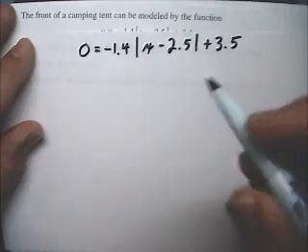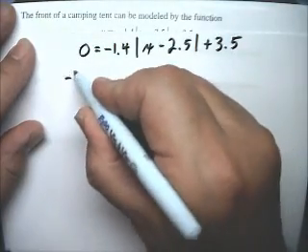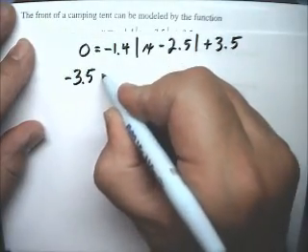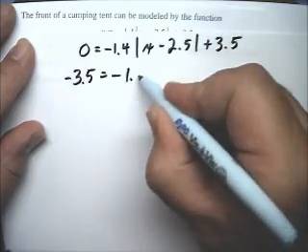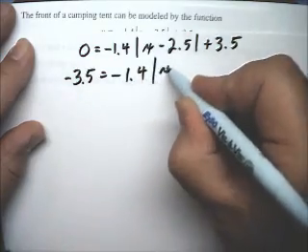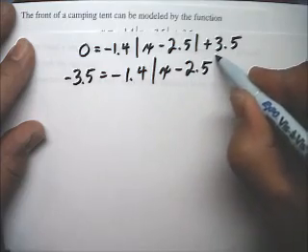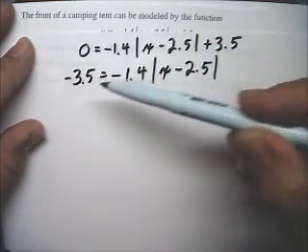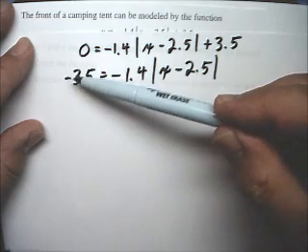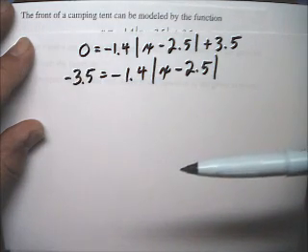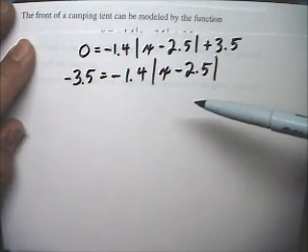I'll subtract 3.5, so I'll have minus 3.5 equals minus 1.4 times the absolute value of x minus 2.5. Okay, I'll multiply both sides by negative 1, so that'll make those both positive.